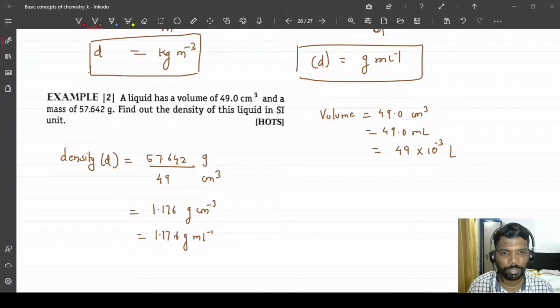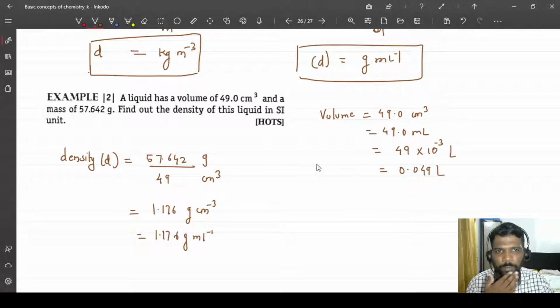So I can write here milli to be 10 raised to minus 3. Either you can write it up to the decimal places, or you can keep this as it is, 49 into 10 raised to minus 3 liter. Or you can write this way also, 0.049 liter.